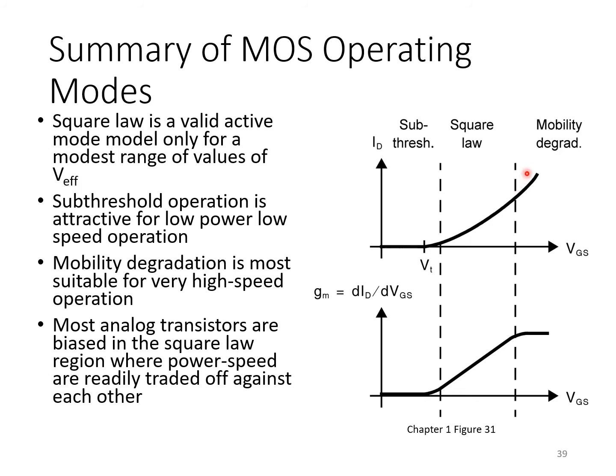But there's not much point pushing far deep into mobility degradation, because remember that gm plateaus and doesn't increase for large values of V effective. So there may be special cases, but a lot of normal analog design occurs over this relatively narrow range of values for the bias point of V effective.